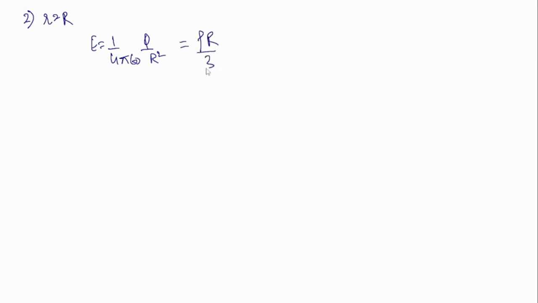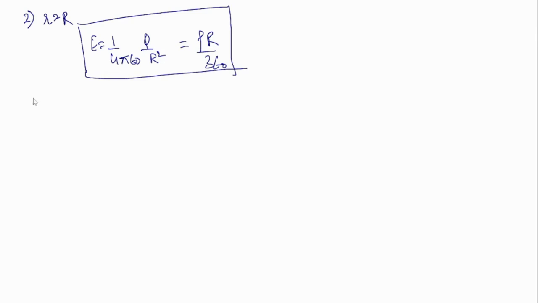Now the second one, when small r equals capital R, you just need to substitute small r by capital R. So E will be 1 upon 4 pi epsilon naught Q by R square, and you can write it as rho R upon 3 epsilon naught. That means at the surface the electric field will be this one.